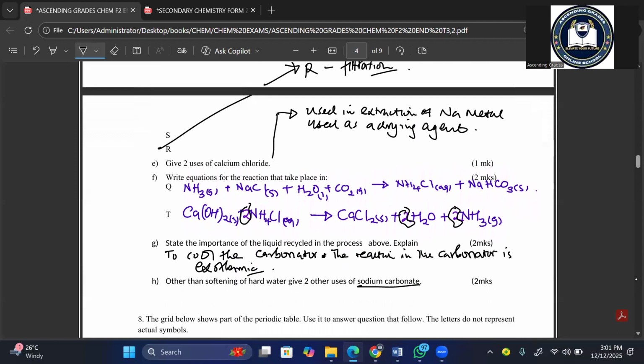Uses of sodium carbonate: manufacture of glass, manufacture of detergents, manufacture of bleaches, and used in the paper industry.